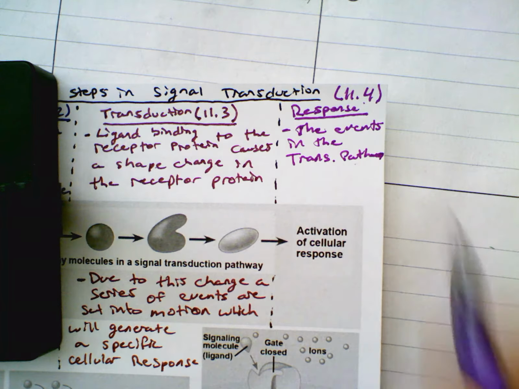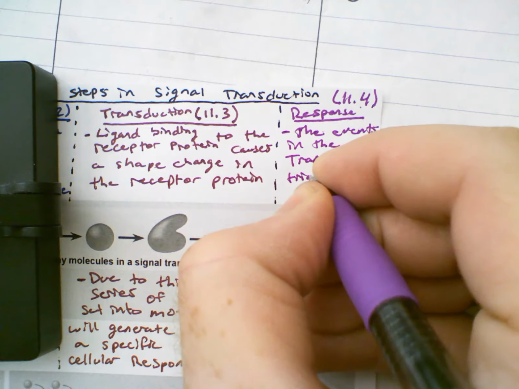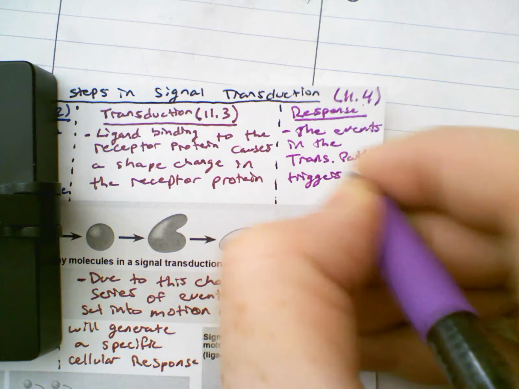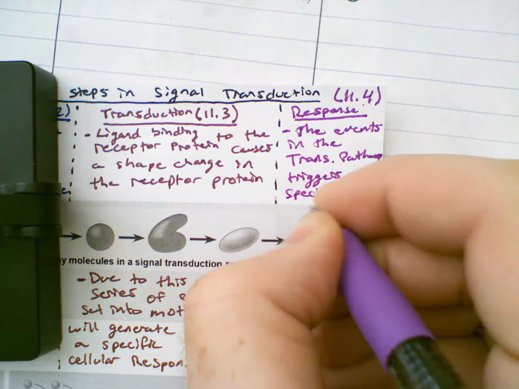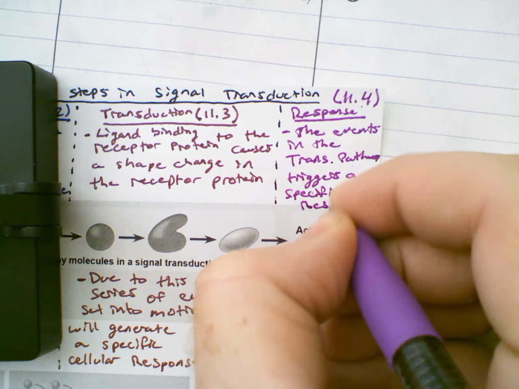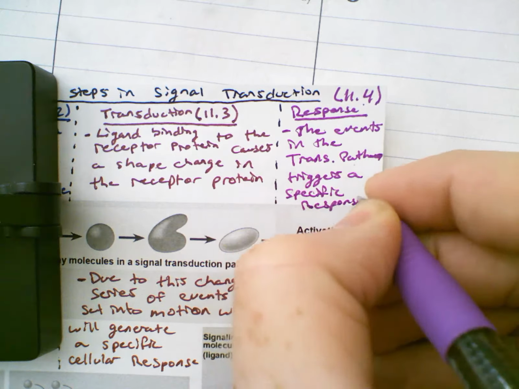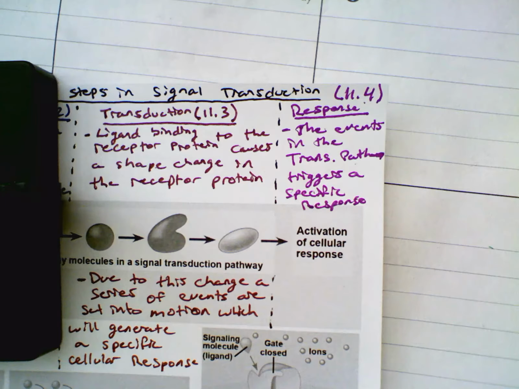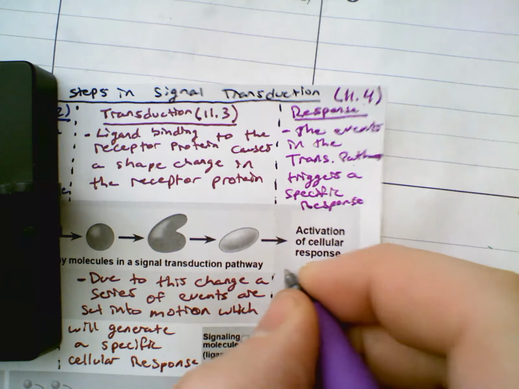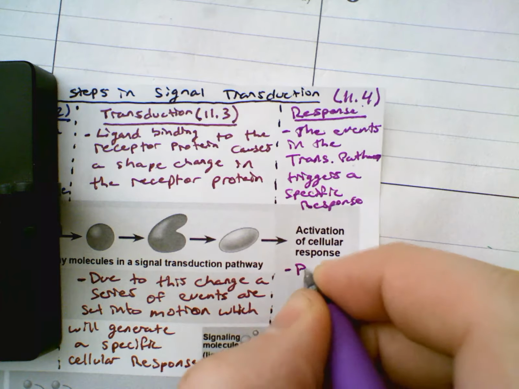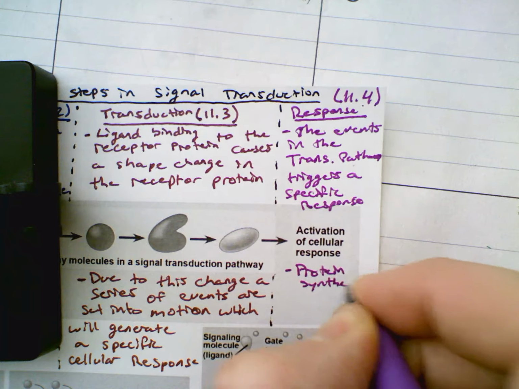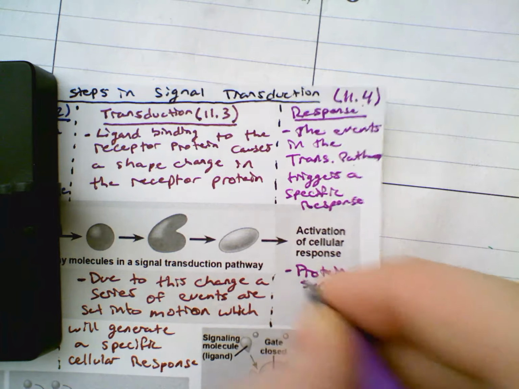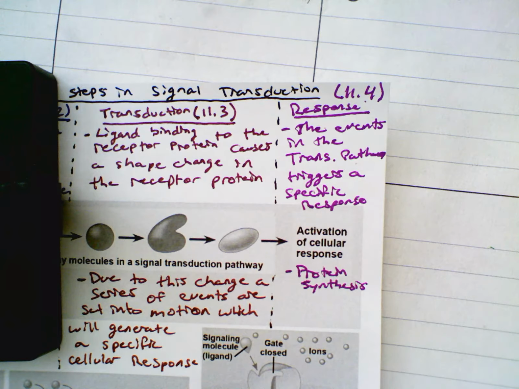In the transduction pathway, triggers a specific response. Your book is very clear to indicate that this response could be anything that the cell would normally do. So, a couple examples, maybe it's going to cause protein synthesis. So maybe we're going to trigger a specific protein to be made.